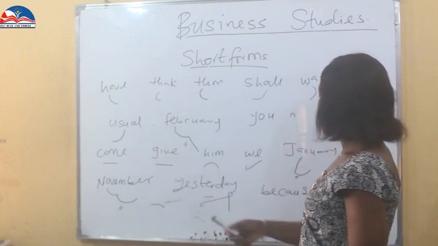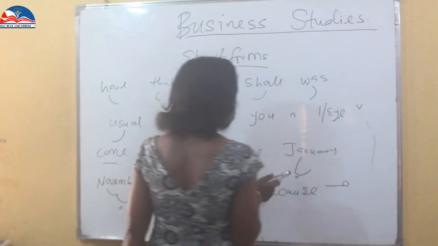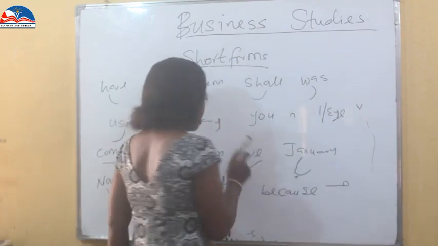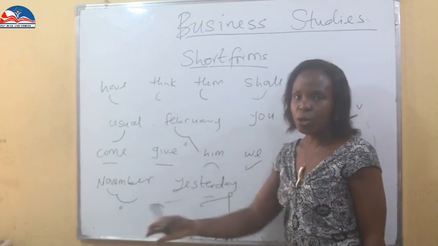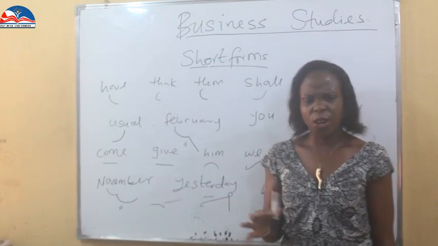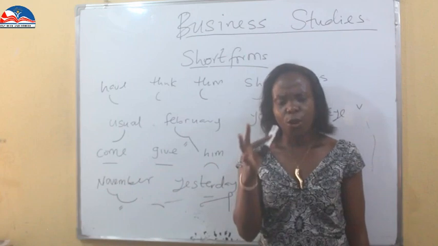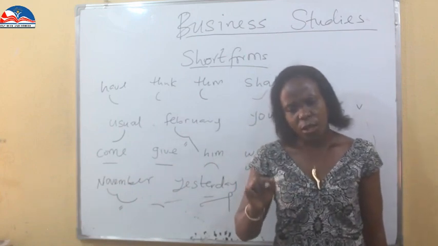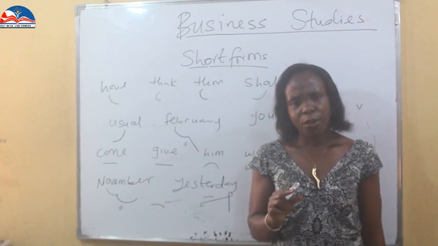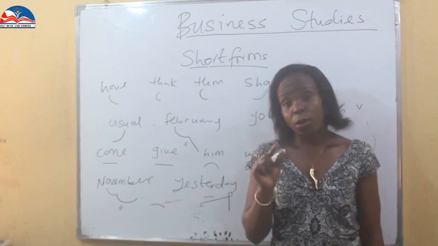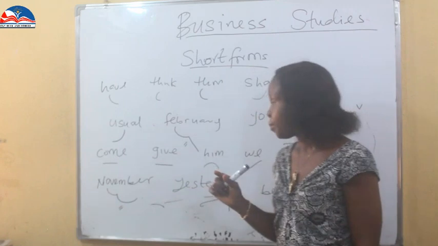This is February. Look at January. Same thing. You have two small strokes beneath it. Then look at November. You have two small strokes beneath it. So when you are reading an outline, having an overview of an outline, and you see those dots beneath it, always remember that they are talking about the months of the year.